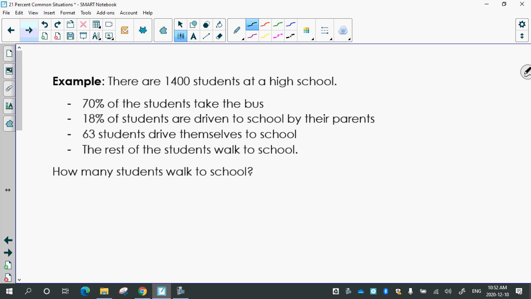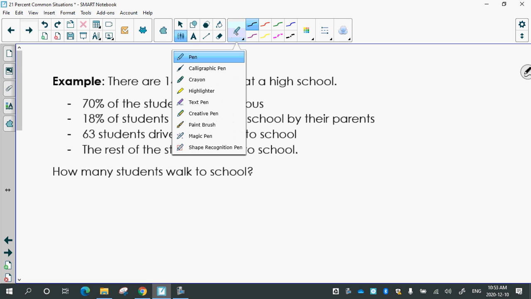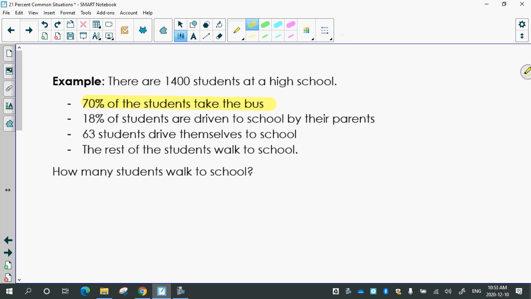So there are 1,400 students at a high school, 70% of them take the bus. So this is a similar question to the one we did in the first lesson. So we can start off with our first line being part A. So our first, or just part 1, I guess, it's better to write. So 70% of them take the bus.